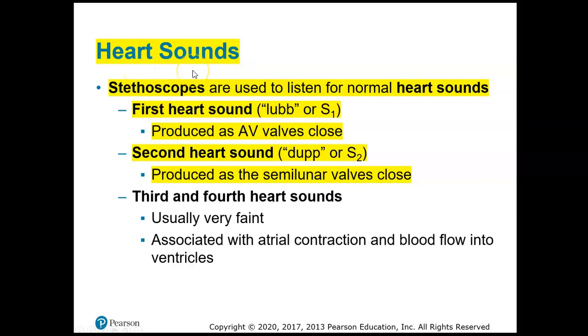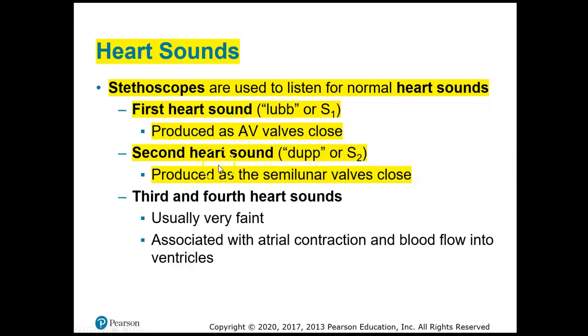The heart sounds that we hear during the cardiac cycle, if we listen to the heart with a stethoscope, we're going to hear the first sound as a lub, and that is produced when the AV valves close. That's the louder of the two sounds. And the second heart sound is called dup. So it's lub dup, lub dup, like that over and over.